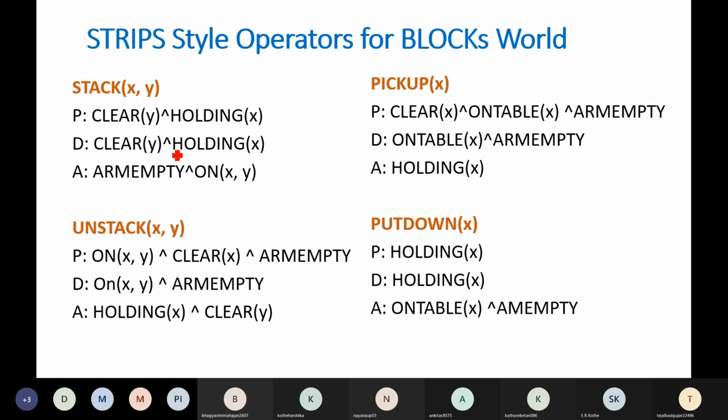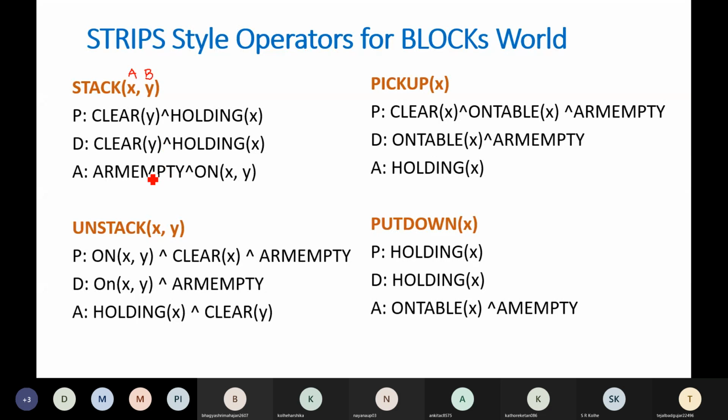And A means add list: after performing this operation, what set of predicates will become true. That will be the A list. Okay. So if you perform the stack XY operation, stack block X on block Y, X and Y are actually variables. You can substitute them with actual block names.